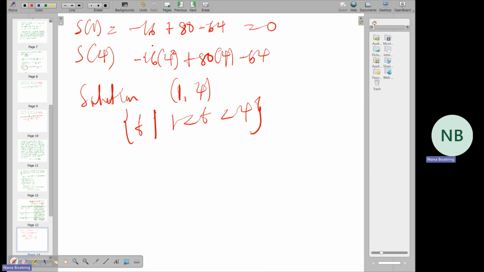Okay, so let's look at one last example, which is also of a rational function. So this will be our example 4.